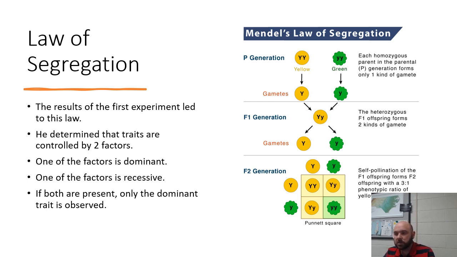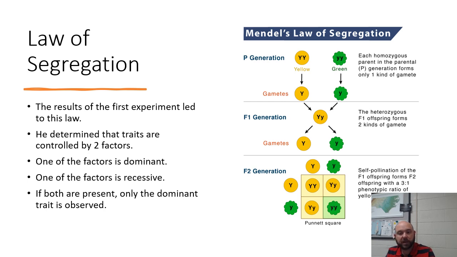It's really interesting that he was able to come up with this. Keep in mind, he had no idea of what a gene was, of what DNA was, or what recessive and dominant was. He just said that there are two things that contribute to the determination of what flower color I got from my pea plants.